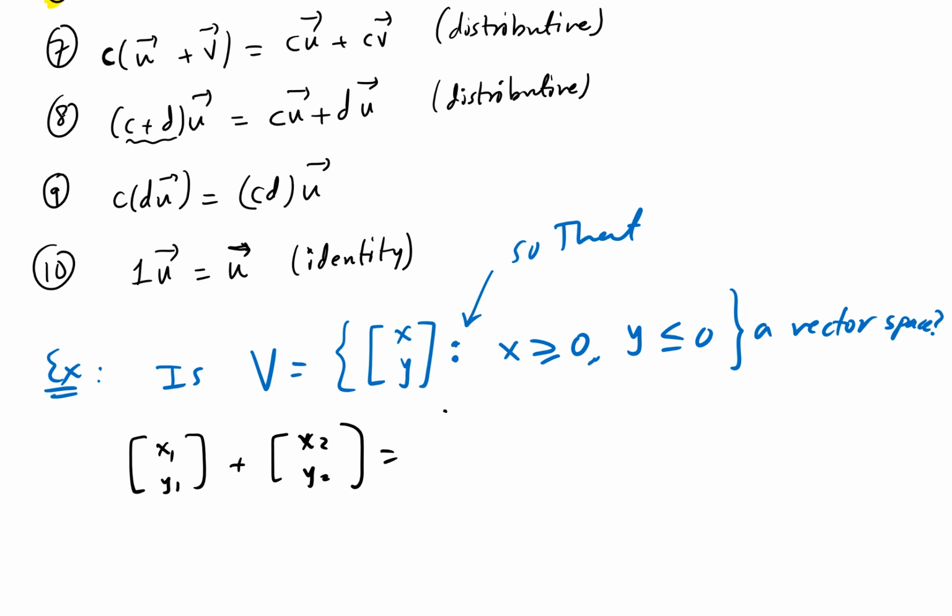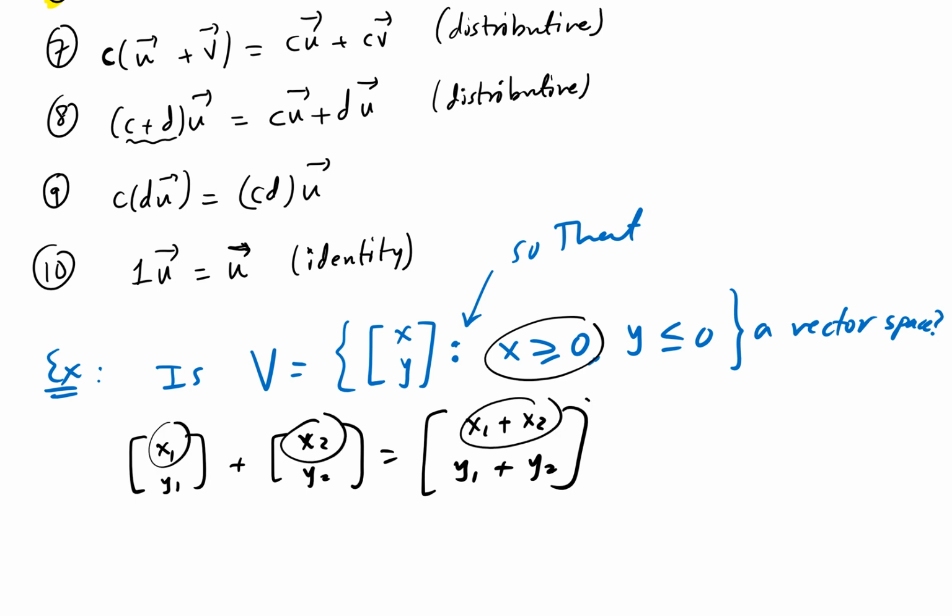You get x1 plus x2, y1 plus y2. Notice x1 is greater than or equal to 0, x2 is greater than or equal to 0, so their sum is greater than or equal to 0. And y1 and y2 are less than or equal to 0, so the sum is less than or equal to 0.